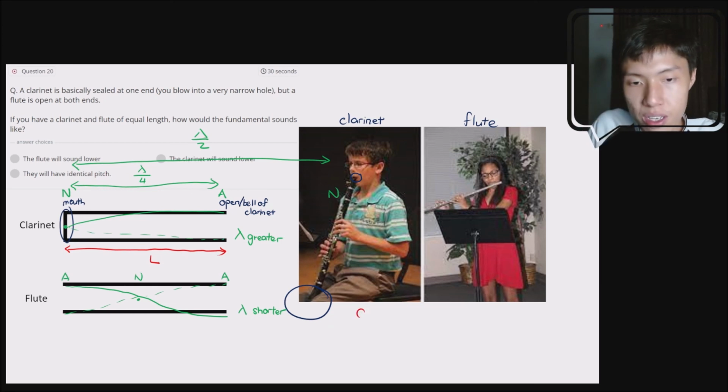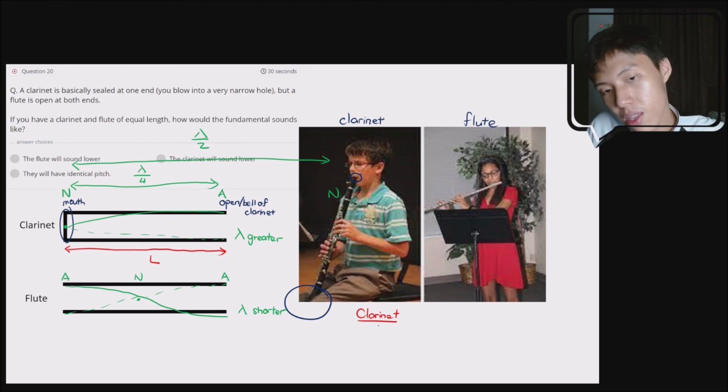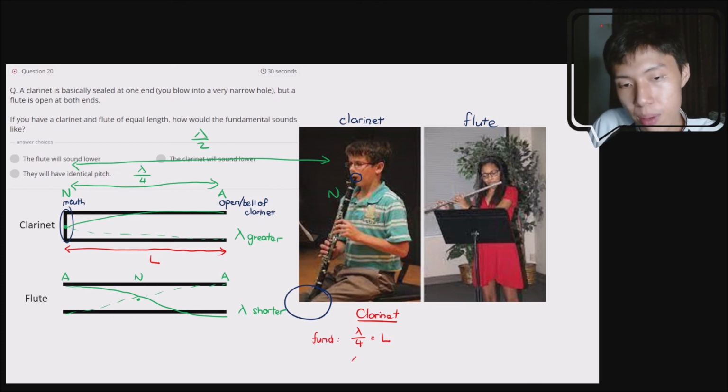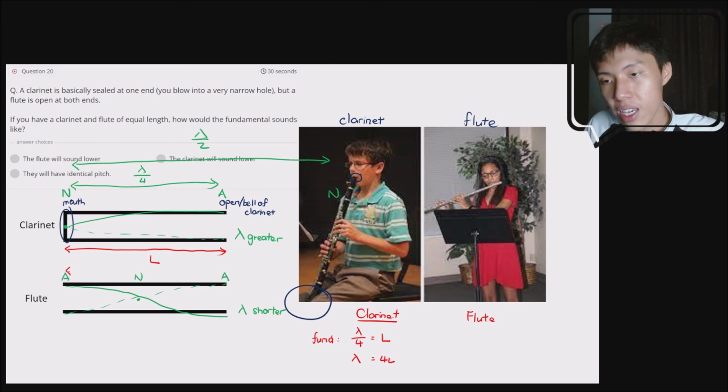Therefore, lambda over 4. Okay, let's do it here. For clarinet, lambda over 4 is equals to L when you are in fundamental. So therefore, lambda is equals to 4L. For a flute, you know, between A and A, the distance should be lambda over 2.